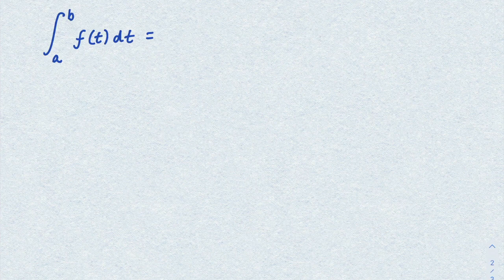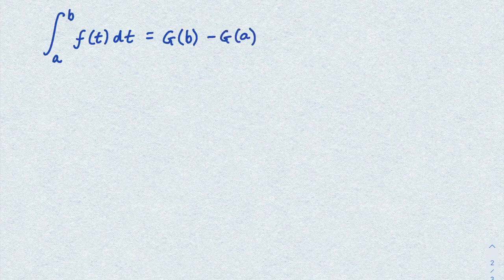So now we're going to look at the proof for the Fundamental Theorem of Calculus Part 2. So if we remember, we are proving that the integral between a and b of lowercase f of t, integrating with respect to t, equals the antiderivative G, so G of b minus G of a.